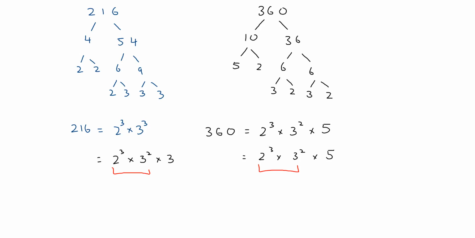So I've now got, okay, well, I know this is equal to 72 by 3, and this equals 72 by 5. And that's just because 2 cubed is 8, 3 squared is 9, and 8 by 9 is 72.